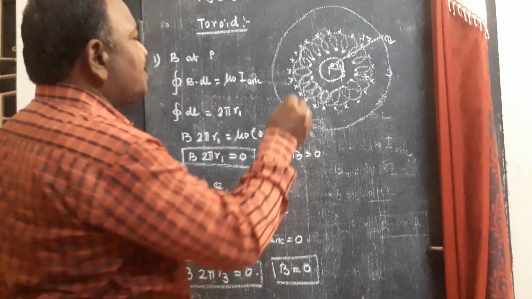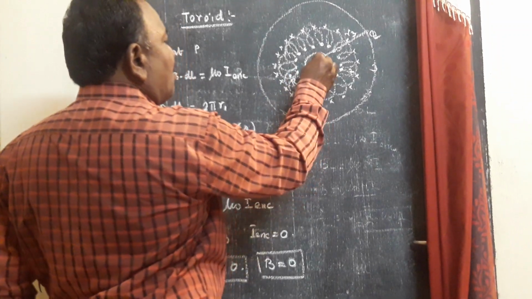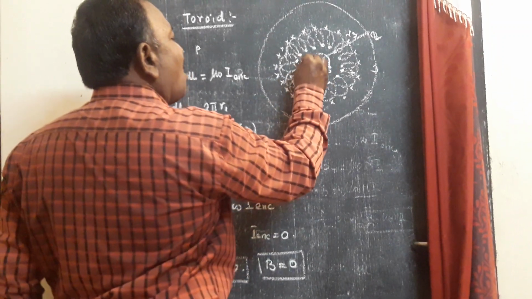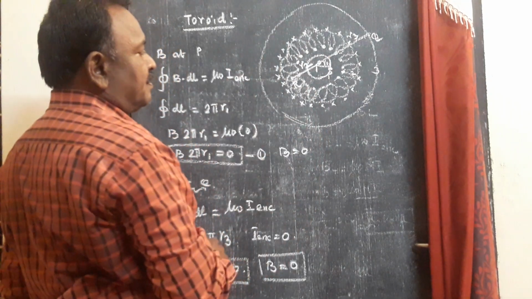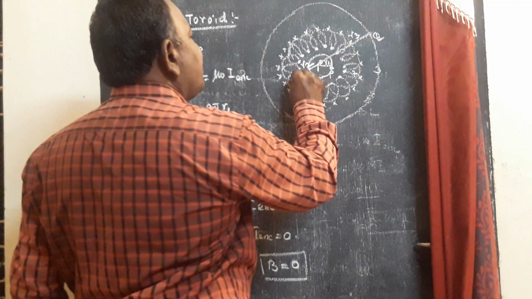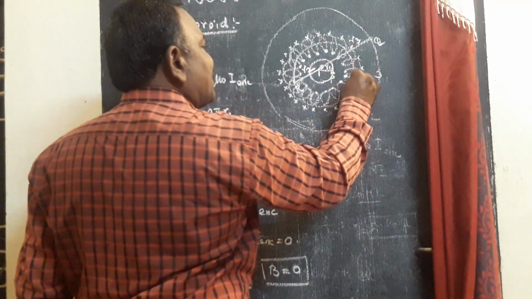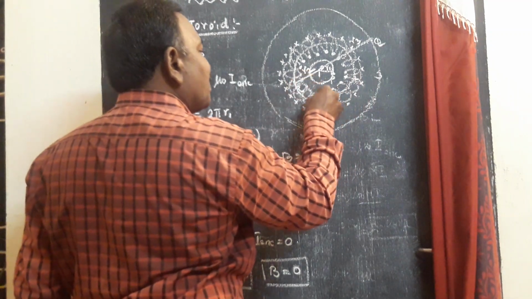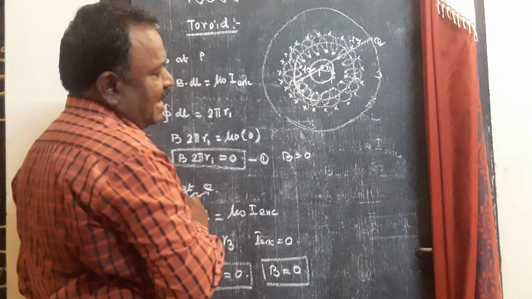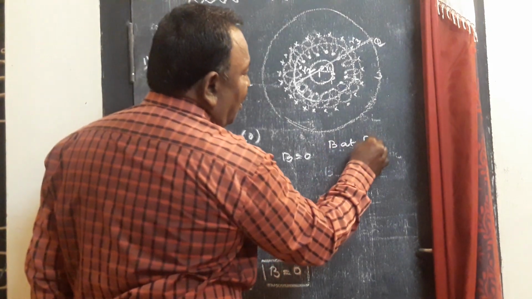Next we are going to consider a point R. This point R is at a distance R2 from the center. We are going to find out the magnetic field here. So with R2 as radius, you construct an Amperian loop.